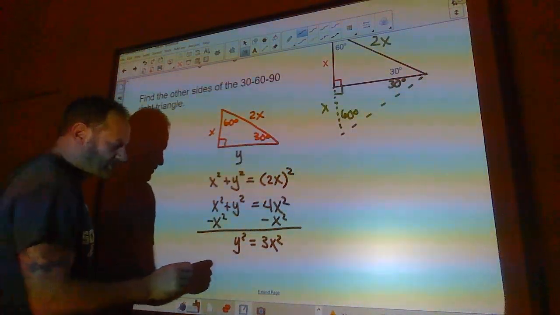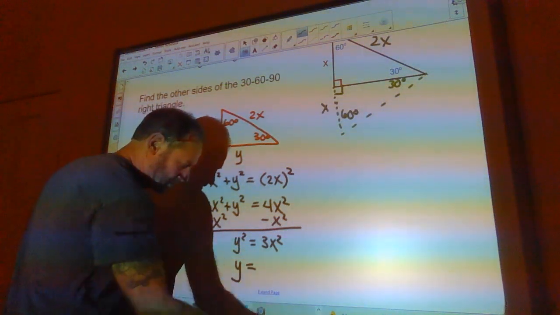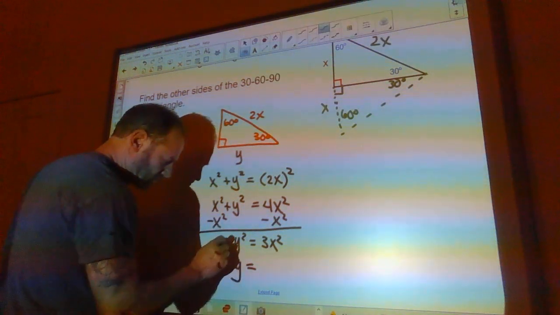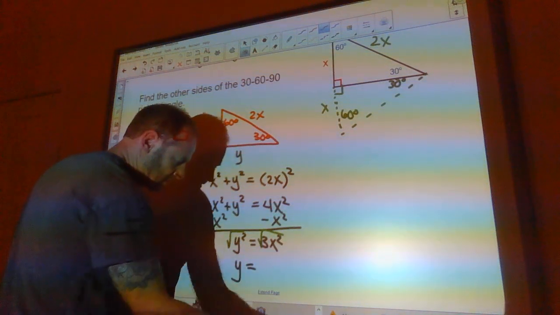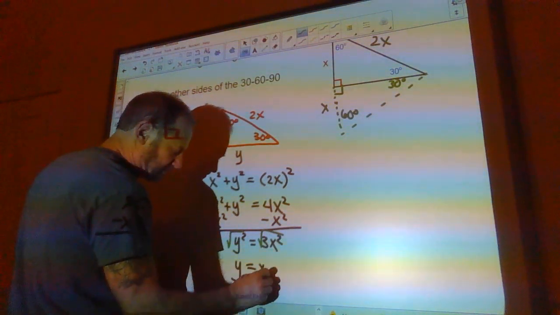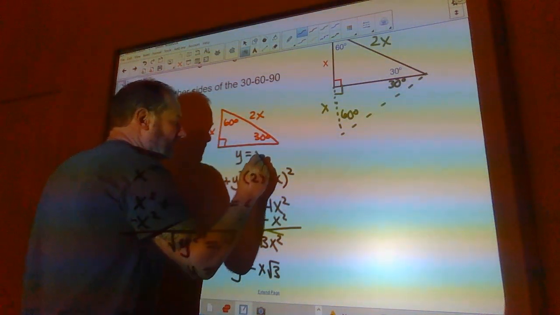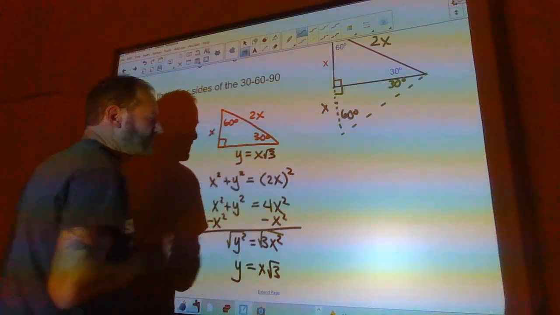And then I'm just going to square root both sides. All right, so remember the square root of x squared is just x, and the square root of 3 is just square root of 3. So I now know that this side right here is x times the square root of 3.